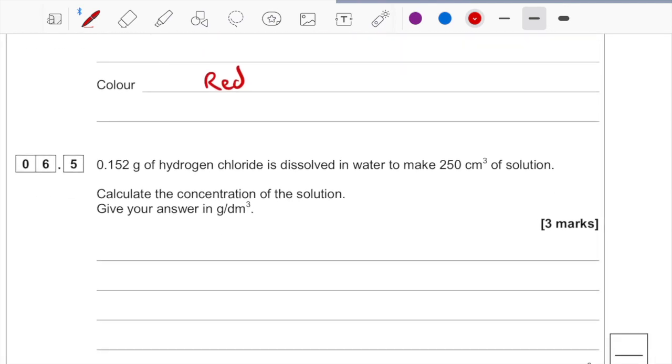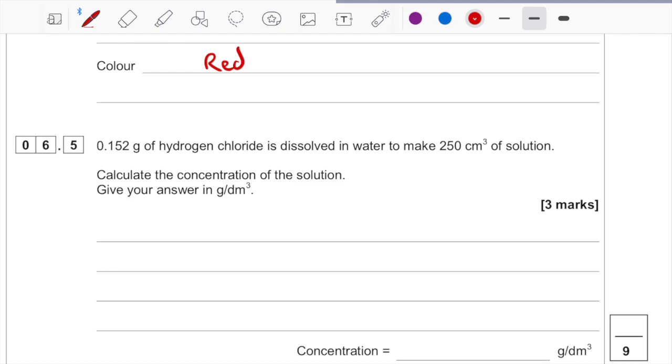Now it's got a question which is about concentration. It says 0.152 grams of hydrogen chloride is dissolved in water to make 250 centimetres cubed of solution. Calculate the concentration of the solution. Give your answer in grams per decimetre cubed.